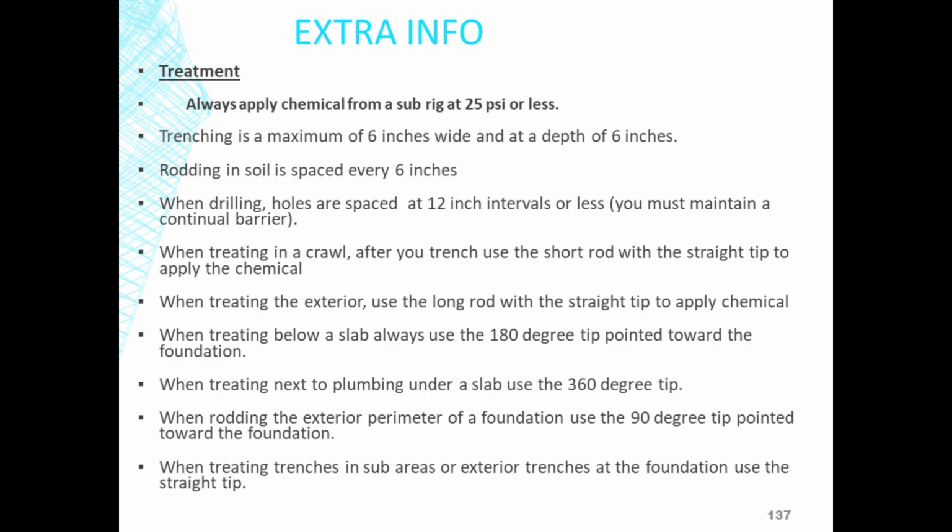When treating next to plumbing under a slab, use the 360-degree tip. When rodding the exterior perimeter of a foundation, use the 90-degree tip pointed toward the foundation. When treating trenches in sub-areas or exterior trenches at the foundation, use the straight tip.